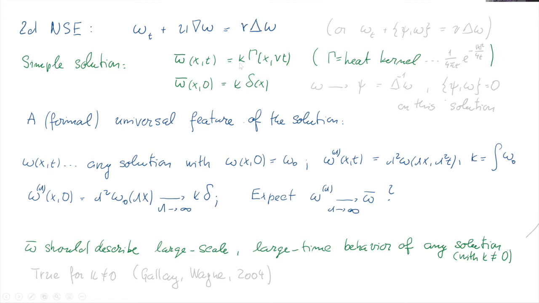The initial datum, say in this case, if we take the initial datum as the Dirac mass, the scaling at the vorticity level is like this. So the Dirac mass is a scale invariant initial datum, and the corresponding velocity field is -1 homogeneous.